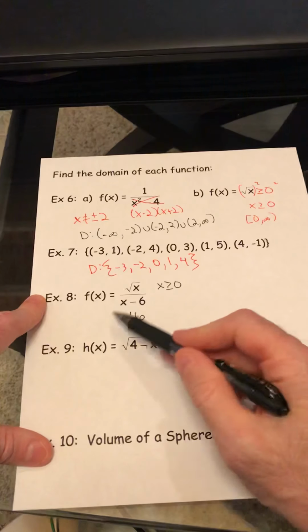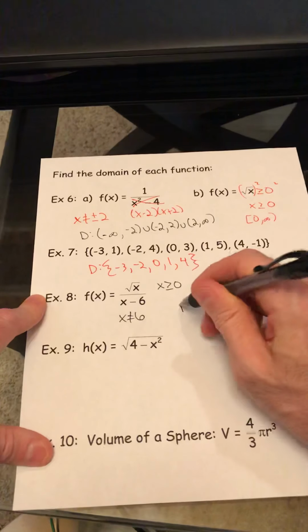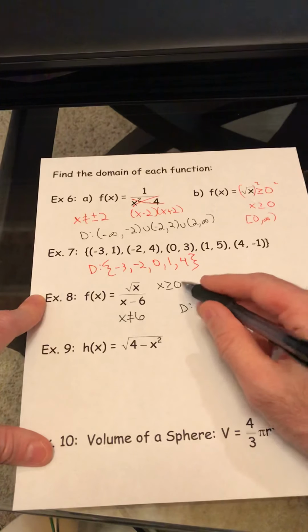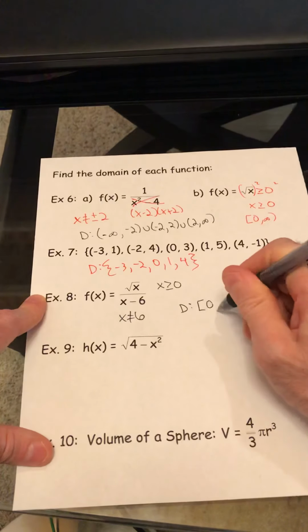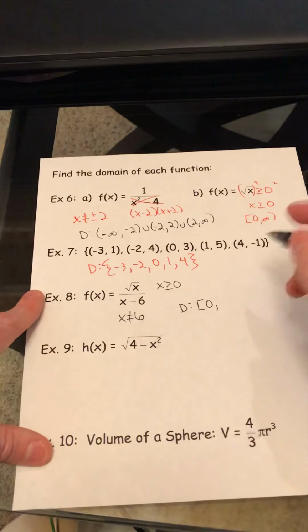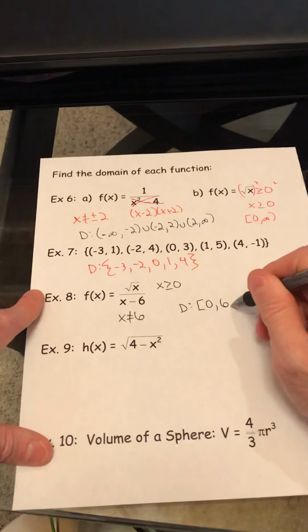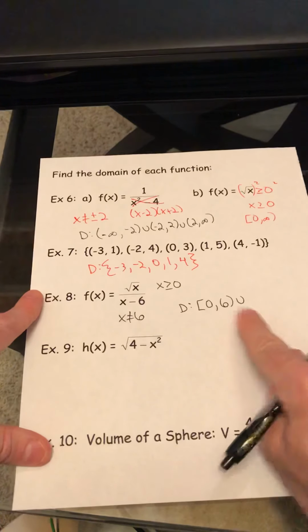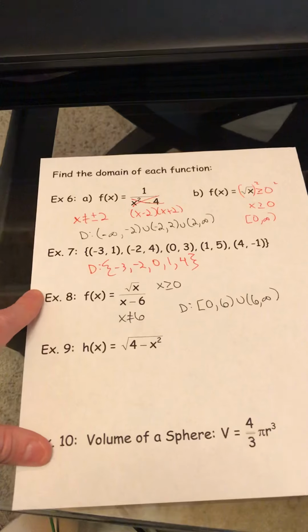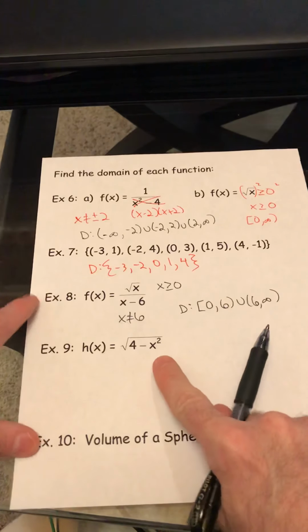So here is where our domain will put together these two issues. So our domain's going to start at 0. It's going to stop at 6, because you can't divide by 0, and then after 6 again, it will go to positive infinity.